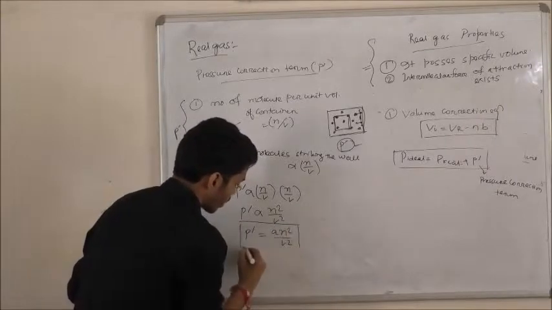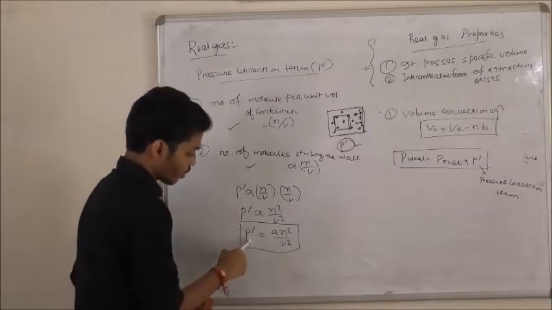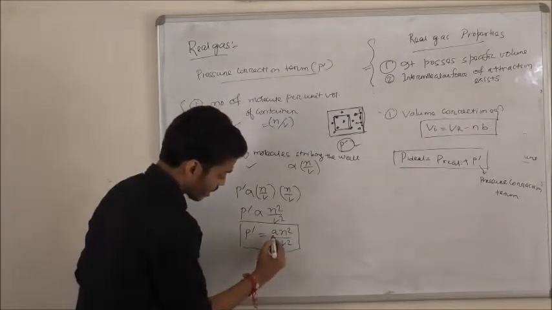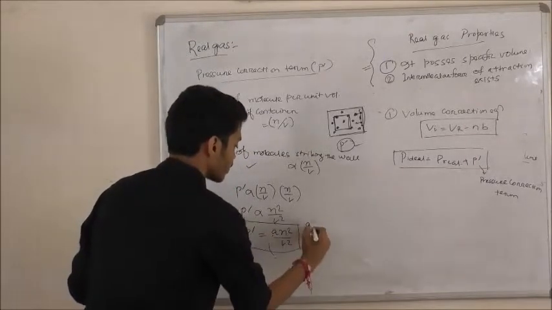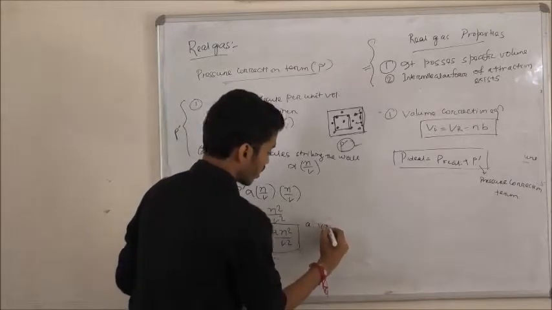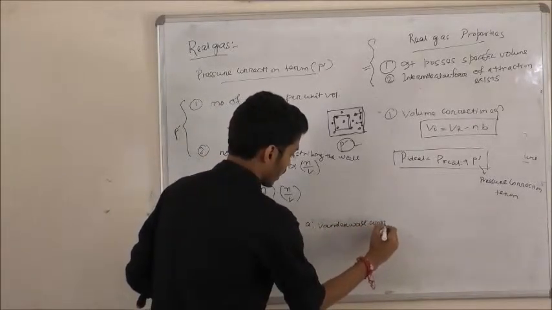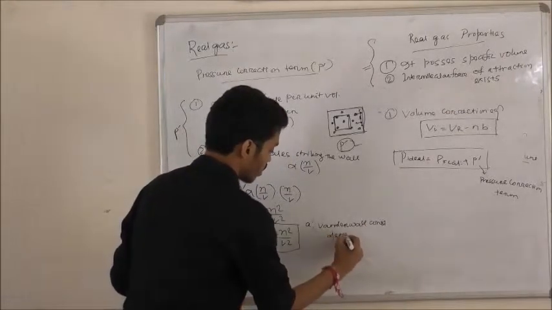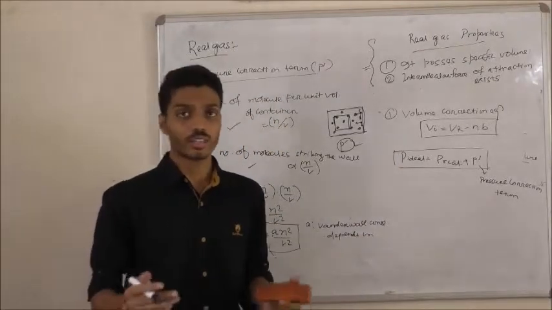So we get the pressure correction term, where P dash is A N square by V square, and this A is again a Van der Waals constant, and it depends on intermolecular force of attraction.